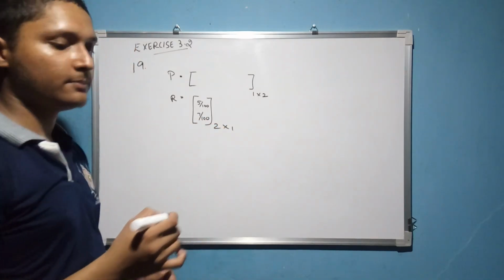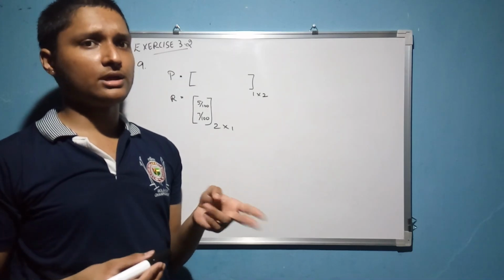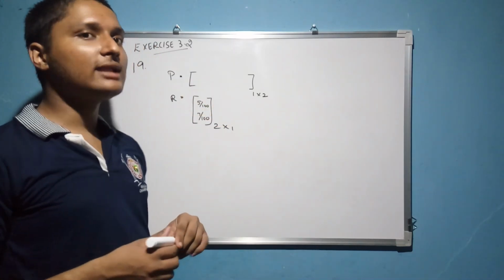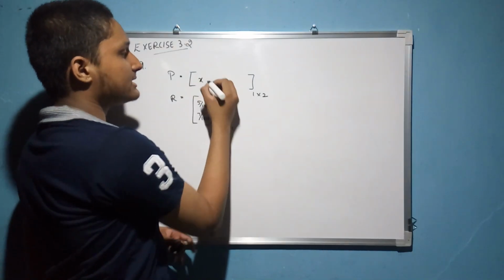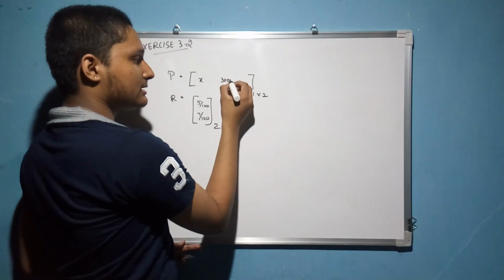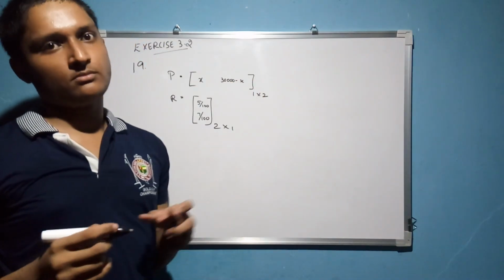Then you have your P, where there are two types of bonds. You are not given how much is going to be given to each type of them. So I'll take that the amount given to the first one is X. Therefore the remaining money, that is 30,000 minus X, is going to the second one.